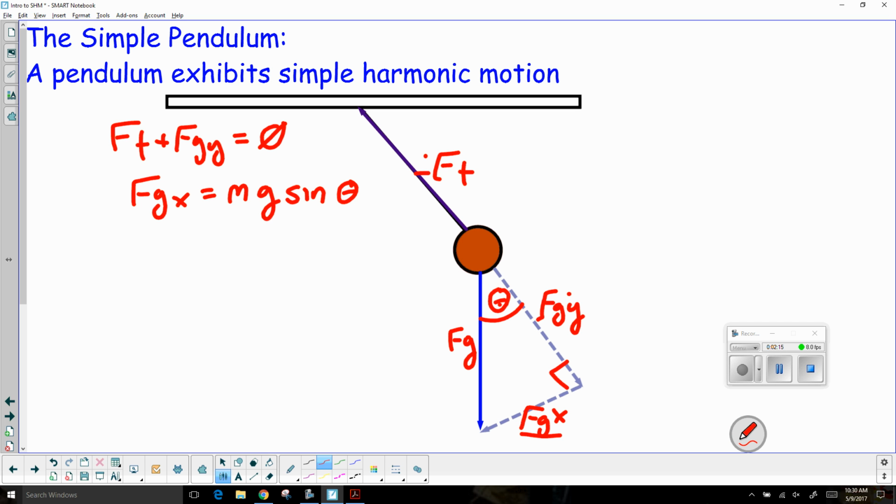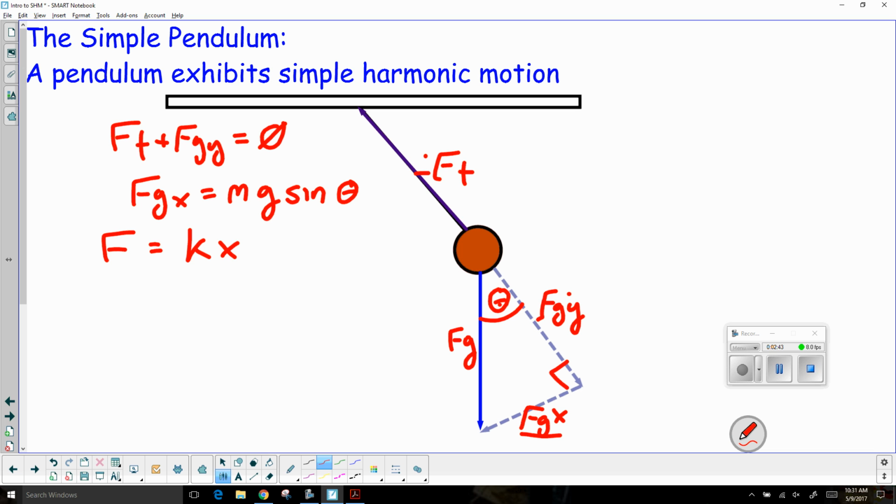Now let's look at Hooke's law. Hooke's law describes the motion for a mass spring system. And you might say, well, this isn't a spring. But both a spring and a pendulum exhibit simple harmonic motion, so we can use the same equations. Hooke's law says the force equals kx.